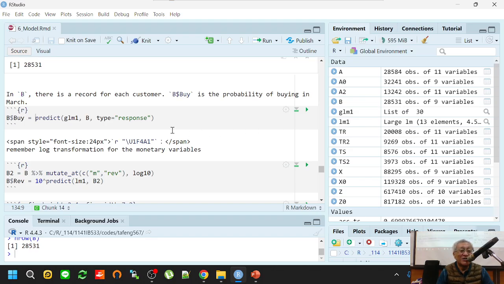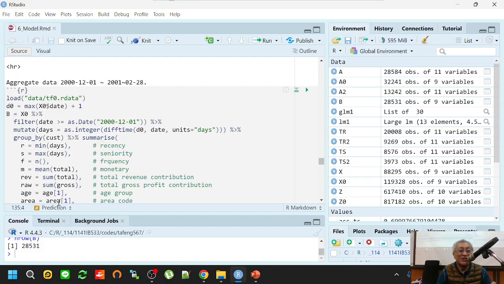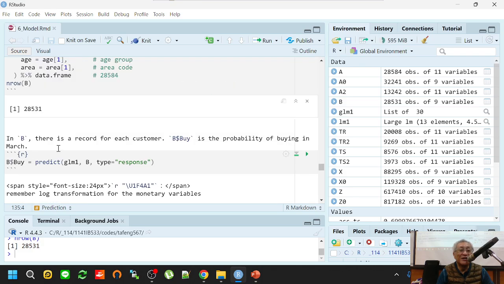Okay, so in order to predict the buying probability, it's very, very easy. You just use predict, and you use B as the data frame. So you use the data that we aggregated within B to predict the buying probability for each of the customers within B, and it will put the buying probability in the variable capital Buy, right?